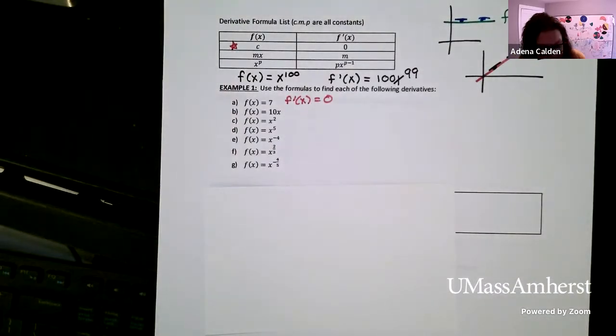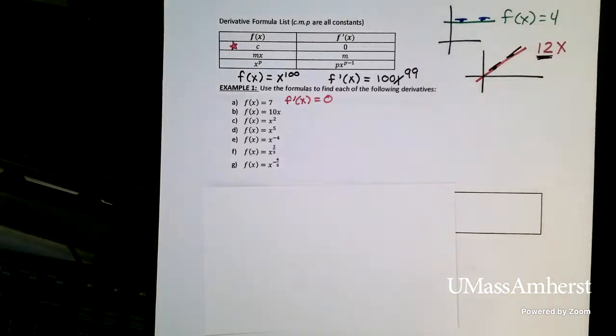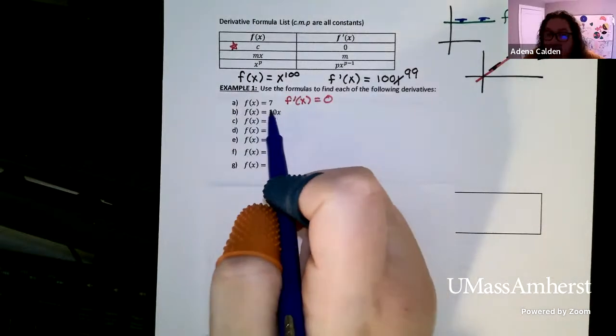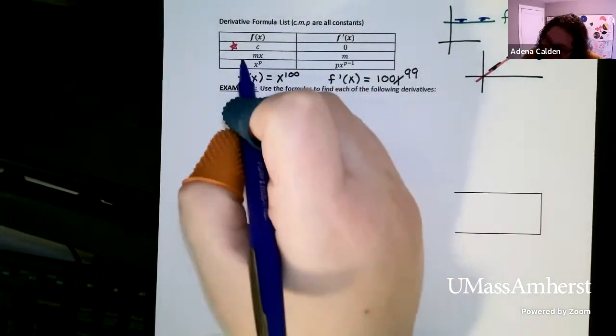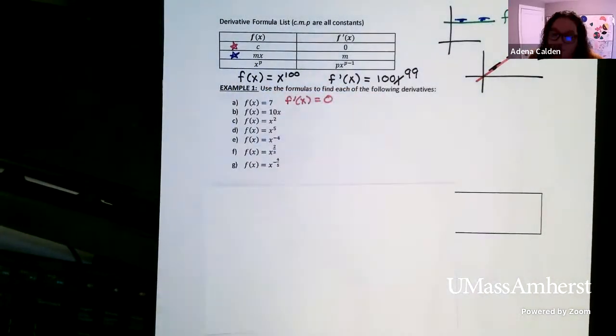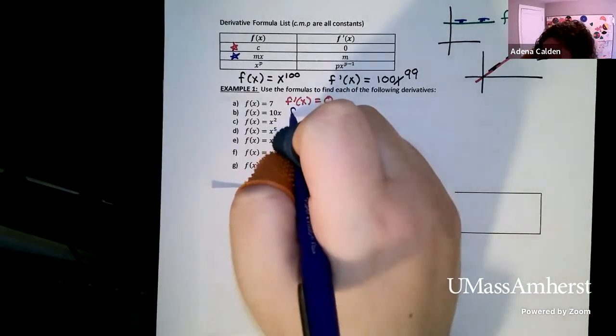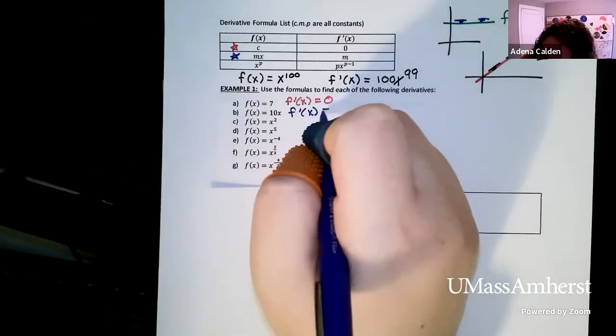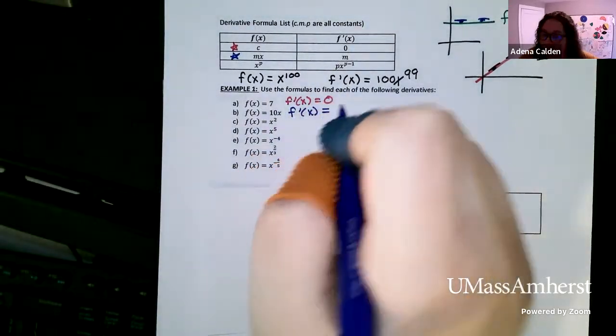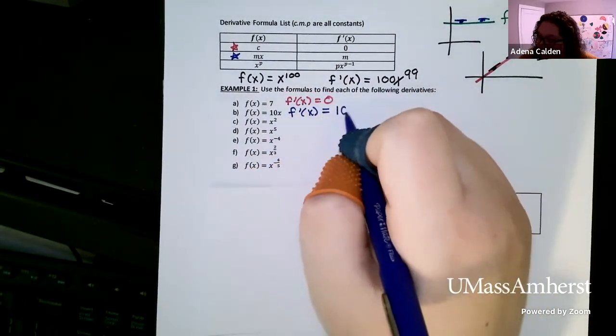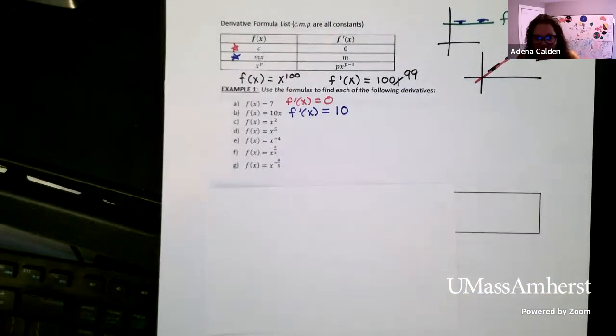The next one, we have 10x. So notice that 10x is a number times x. This is a linear term, which means we are now looking at the second formula, mx. And so when we take the derivative, it is just the slope of the line because it's a linear term, and the slope there was 10.